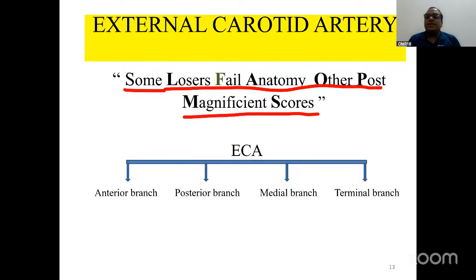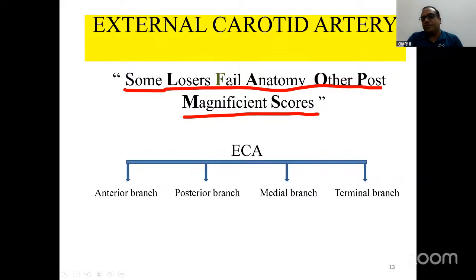Now imagine this is like a train. Some losers fail are at the starting, so this is the engine, the front part. Front is anterior, so these are the anterior branches. Some losers fail, these 3. You can put a slash over there. So this is the anterior part.